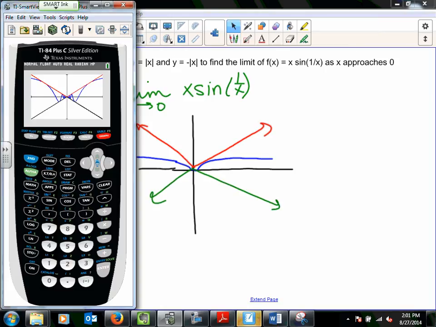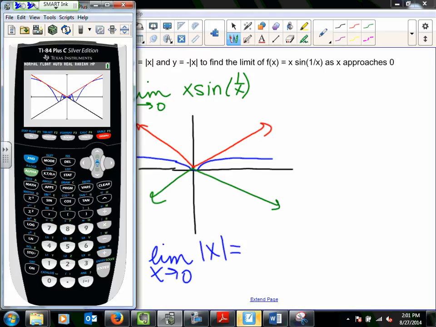All right, so my calculator is showing a much better picture of what's actually happening. Is our x sine of 1 over x squeezed in between these two functions? Yes, and they are meeting up at 0, 0. So what is the limit as x approaches 0 of the absolute value of x?